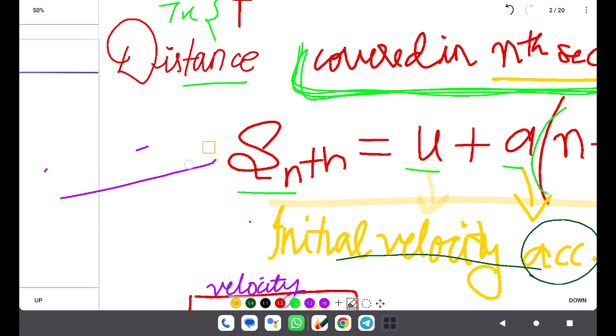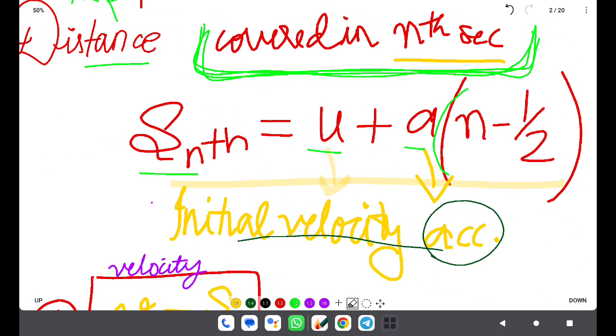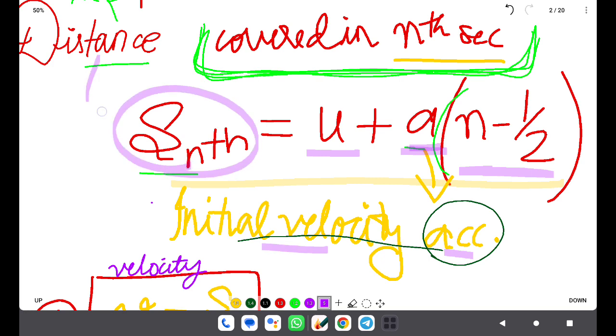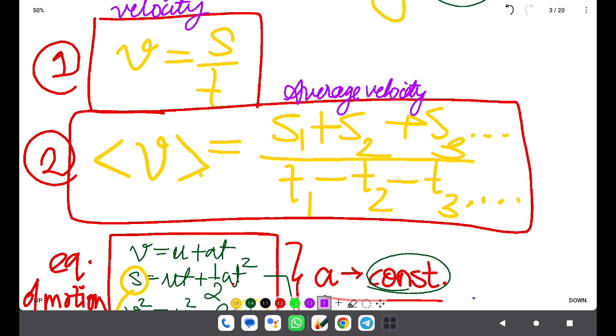So this was the second formula, for calculating the distance covered in the nth second: the initial velocity plus acceleration times (n minus 1) by 2, where a is the acceleration and u is the initial velocity. Clear?